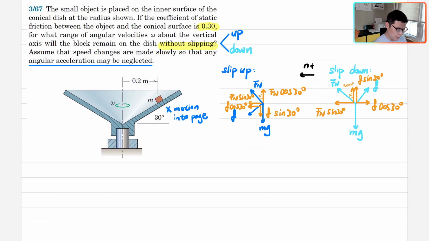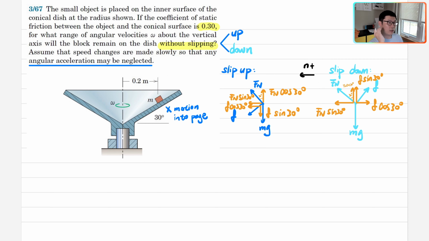Because we want to find the angular velocity, and angular velocity in a circular motion is related to the normal acceleration. Your angular acceleration is 0 already.